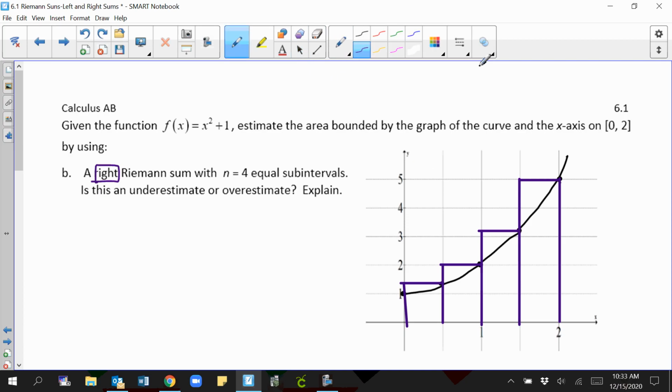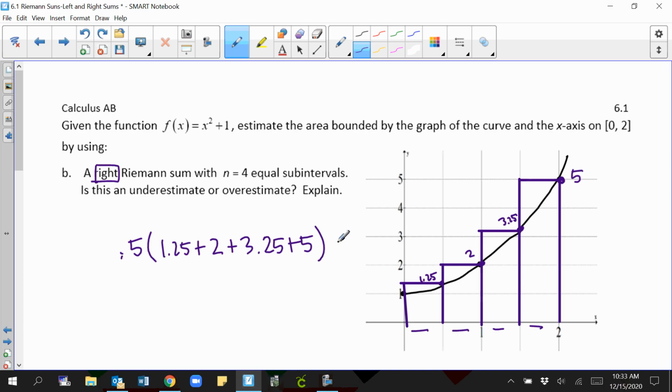And I'm using my right endpoints, so I'm going to start up here with that 5. Then I have a 3.25. That one's at 2, and this one is at 1.25. The width for all 4 is 0.5, so I'm going to bring that out in front. And then I'm going to use my 1.25, my 2, my 3.25, and my 5.